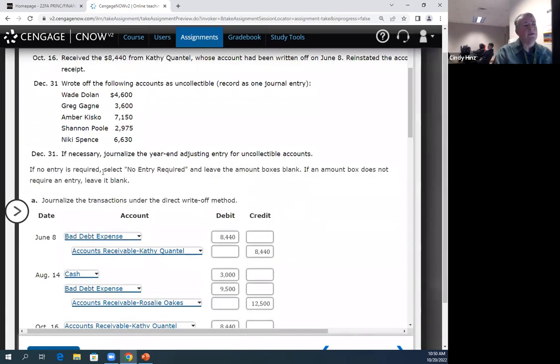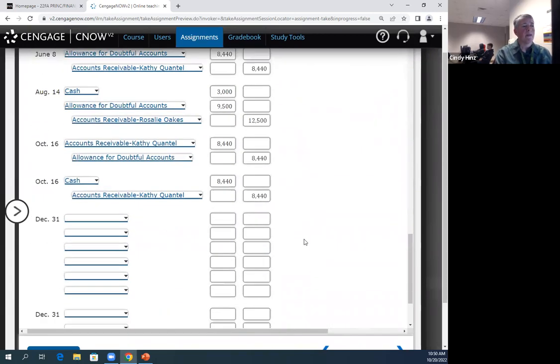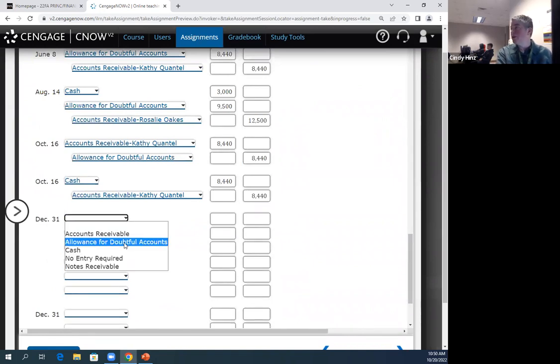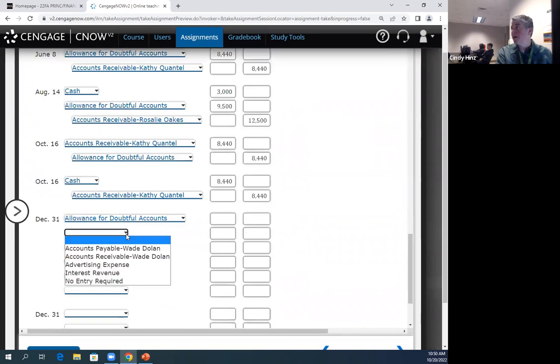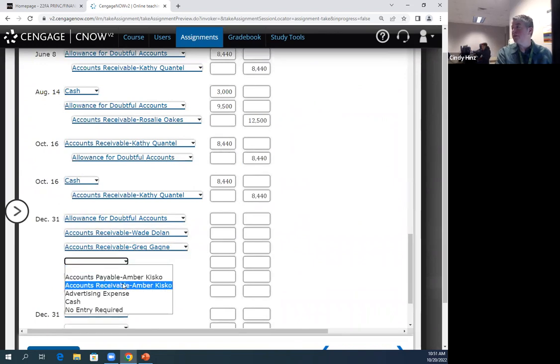Moving on then to December 31st, we're going to write off all of those other accounts. And what do you think is going to happen? Rather than reporting bad debt expense, we're going to use the allowance and then write off each one of those receivables.